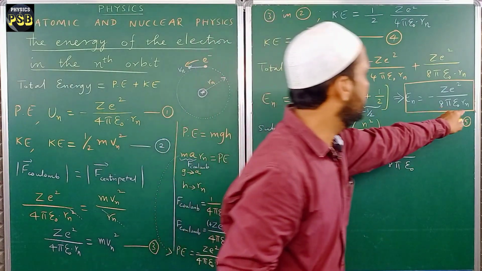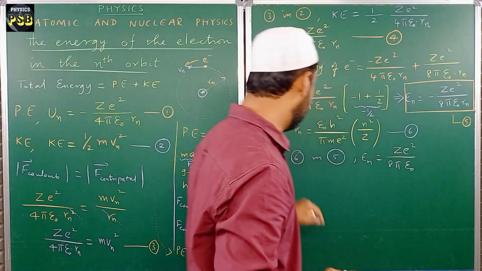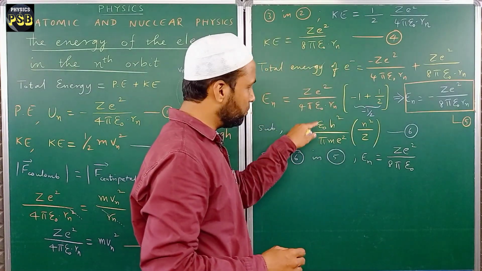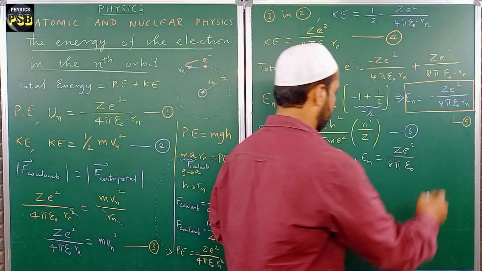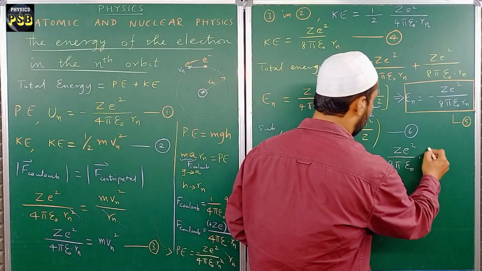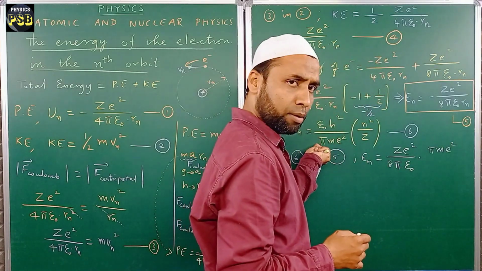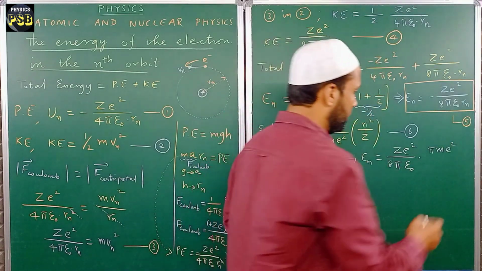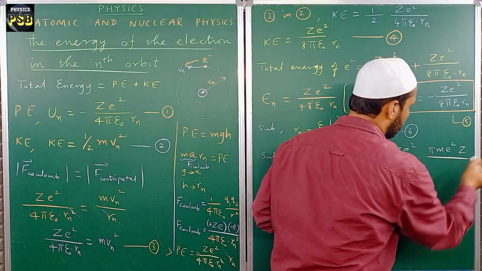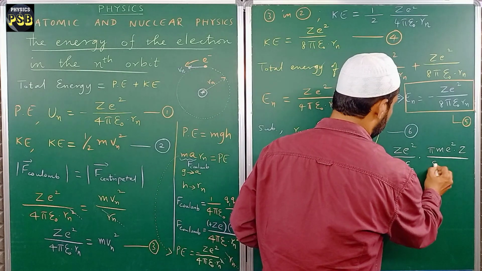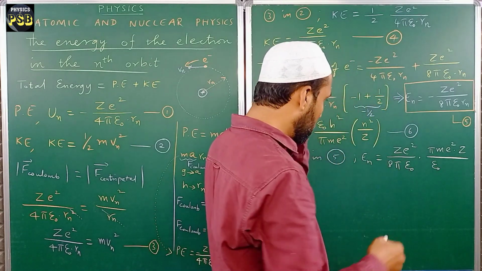Then here I have Rn in the denominator, so I should take the reciprocal of this term. So what is that? πme². Whatever is present in the denominator is taken to the numerator by taking the reciprocal, and the terms present in the numerator are brought to the denominator.